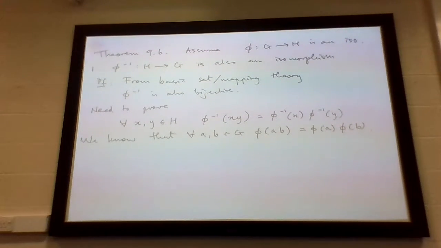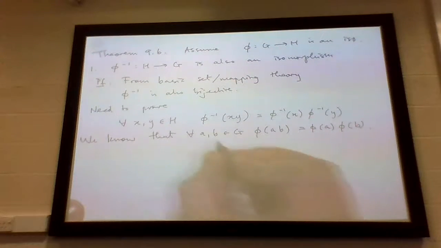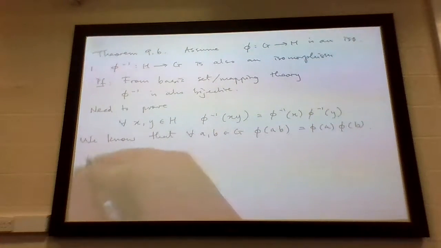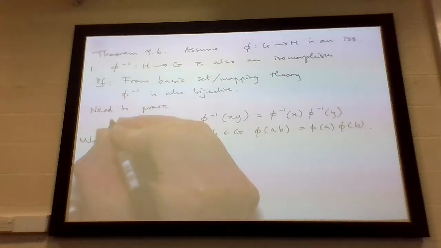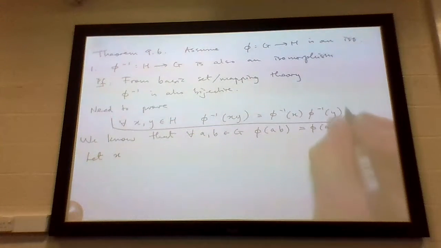Now what we need to do is make use of the relationship between elements of H and elements of G. They're related via these bijections phi and phi inverse. But we want to talk about a pair of elements in H. This is what we have to prove in the box. We haven't proved it yet.